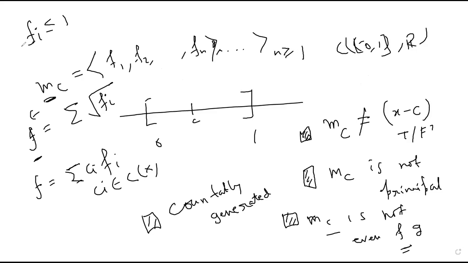Then you look at the function summation of mod fi by 2 to the power n. I think you can do this.